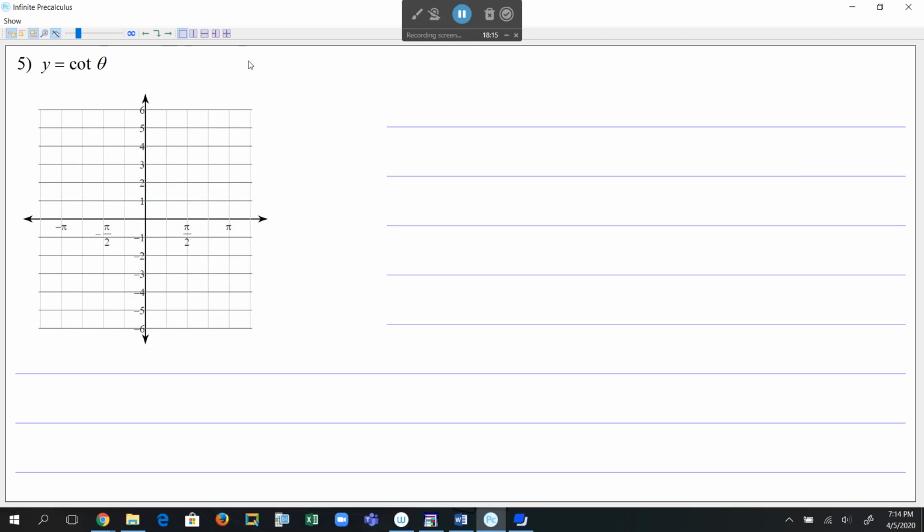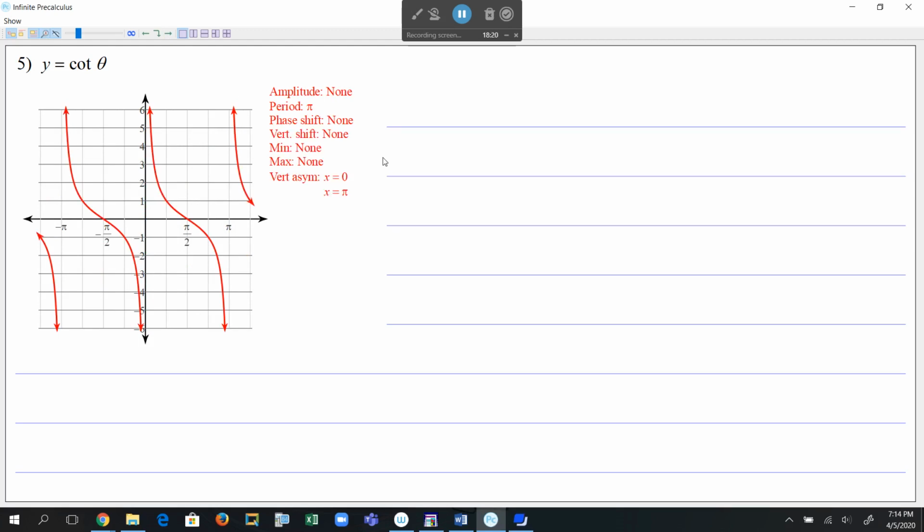So this is the cotangent function. This is the graph of the cotangent function. Again, the cotangent function doesn't have an amplitude. The period is pi, and you can see right here, let's just look at the vertical asymptote at x equals 0, cotangent will be undefined, and at x equals pi, cotangent will be undefined too.